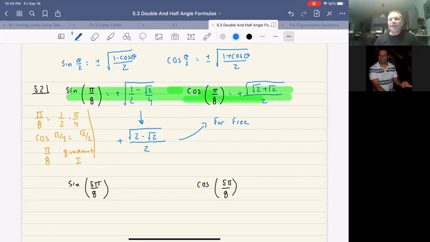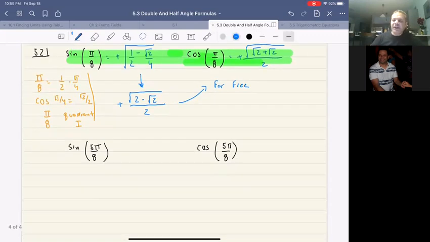Now, let's do sine of 5 pi over 8. So now we're going to do the exact same thing. 5 pi over 8 is 1/2 of 5 pi over 4. We need to know the cosine of 5 pi over 4.